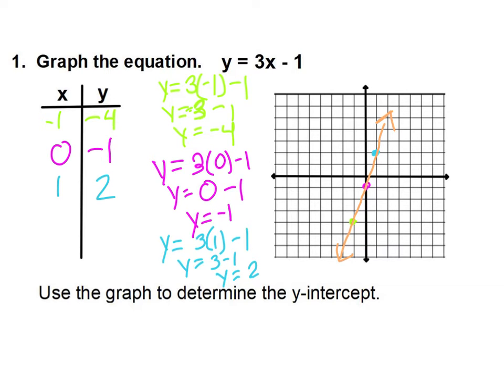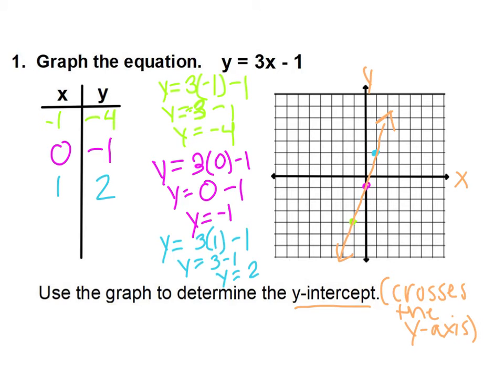And then this part down here says use the graph to determine the y-intercept. The y-intercept is where it crosses the y-axis. And on this graph, it's not labeled. So our y is up and down, x is left and right.